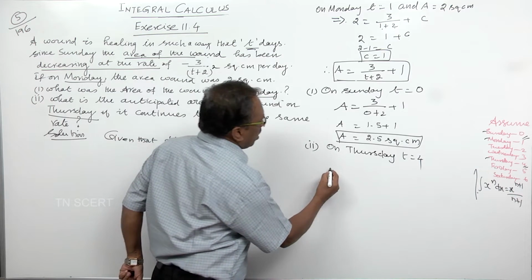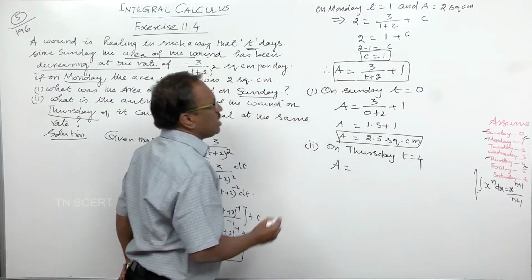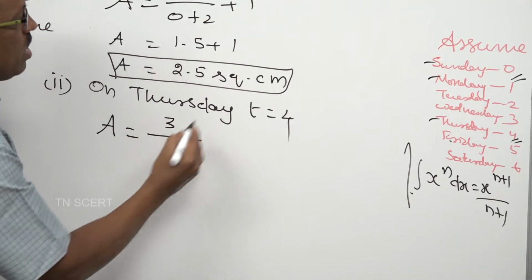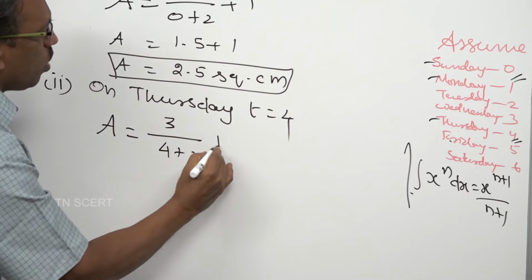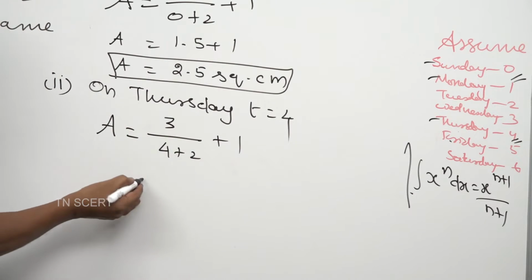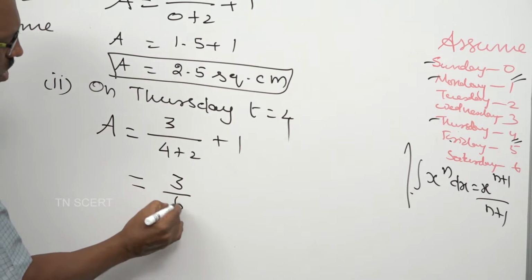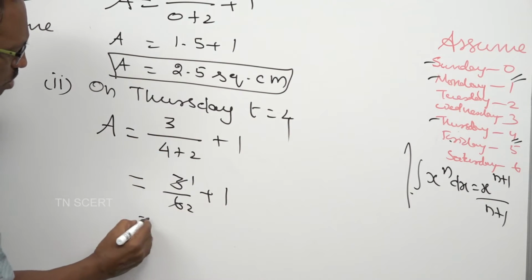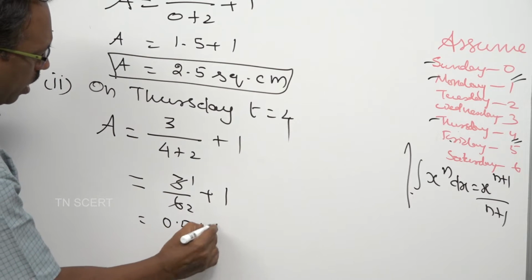So naturally A is equal to, once again we have to apply only to this. 3 divided by T is 4 plus 2 plus 1. So how much is it? 3 by 6 plus 1, that is 1 by 2. So 0.5 plus 1.